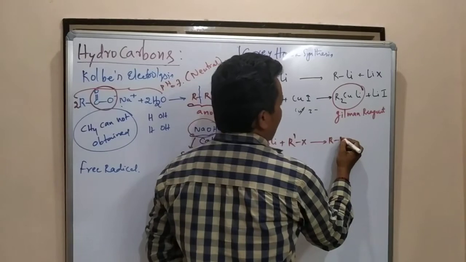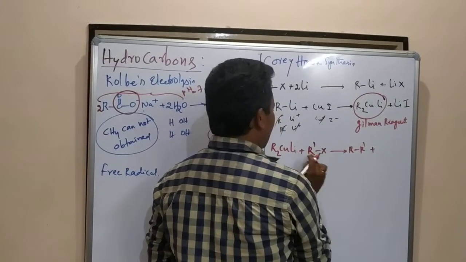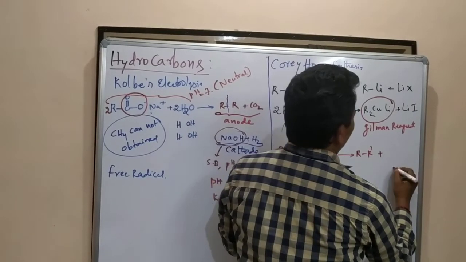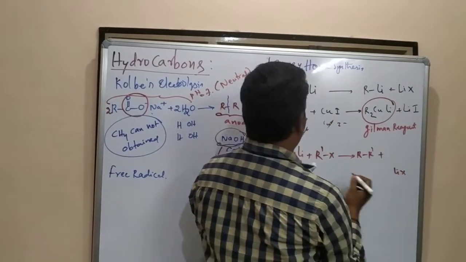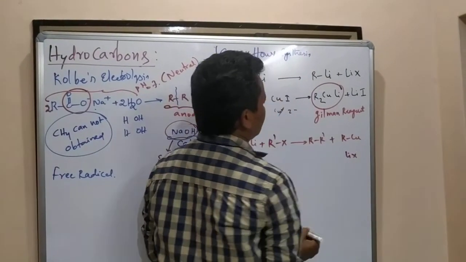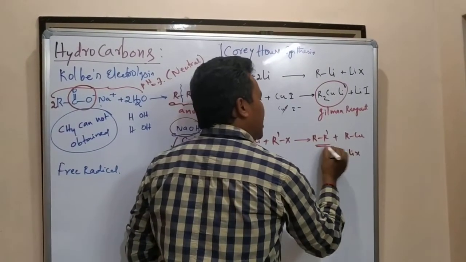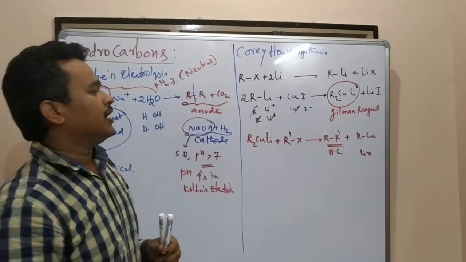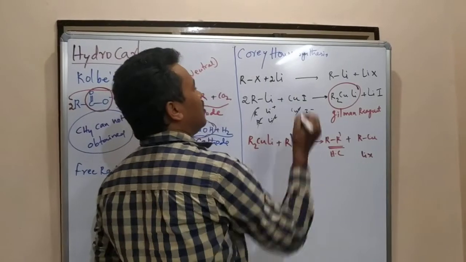This R and R dash remaining. What is coming out here? LiX coming out, and LiX over R and Cu. R-R dash, this is my hydrocarbon in this preparation. Remember, this is Corey House synthesis.